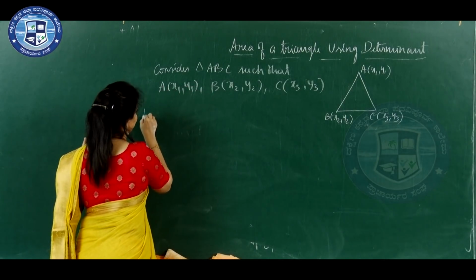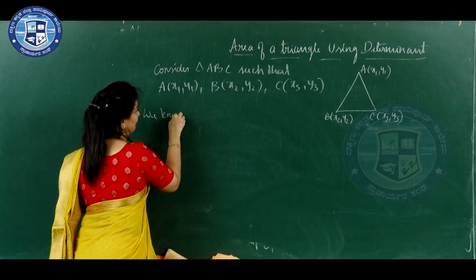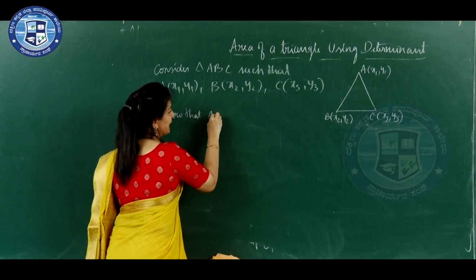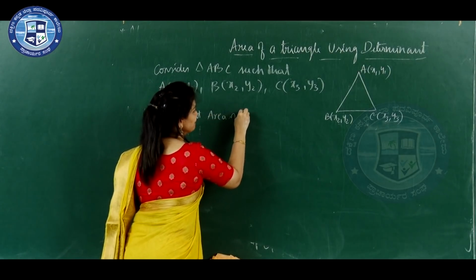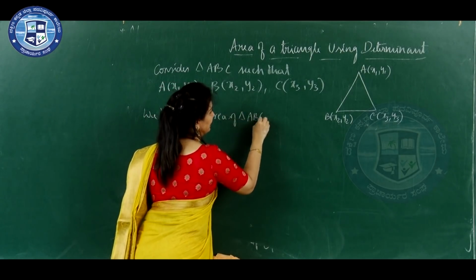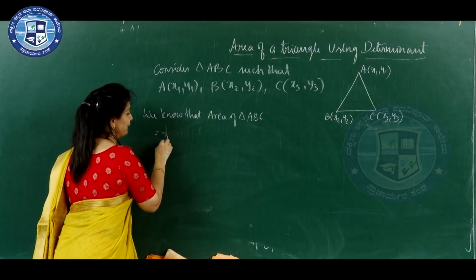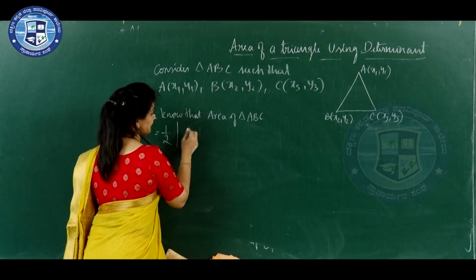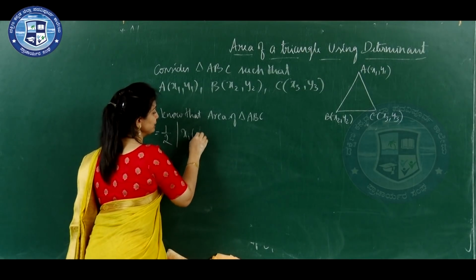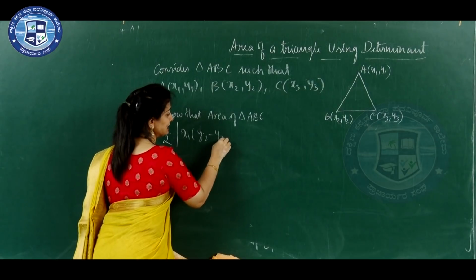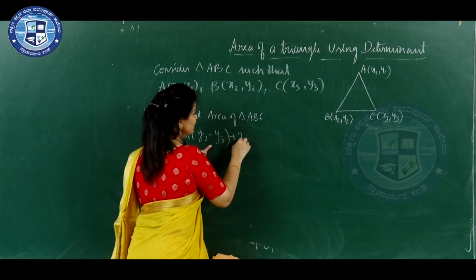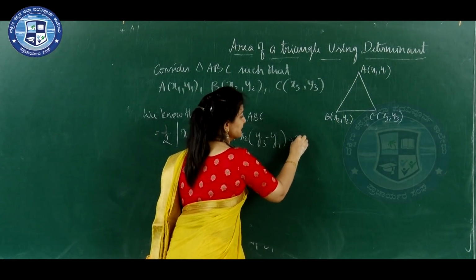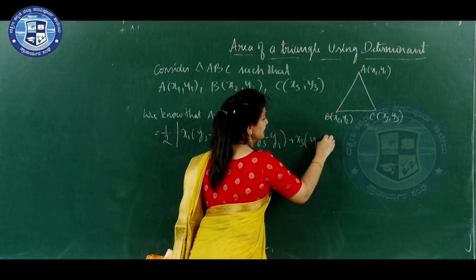We know that area of triangle ABC equals half into modulus of x1 into (y2 minus y3), plus x2 into (y3 minus y1), plus x3 into (y1 minus y2).